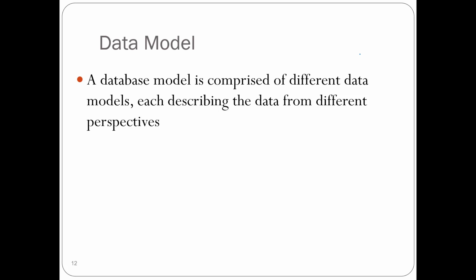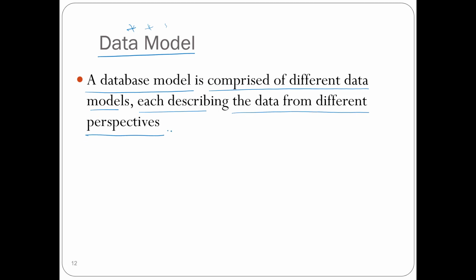So having understood the concept of database model, let's see what this data model is. Important again: a database model is comprised of different data models, each describing the data from a different perspective. Right now, this will make a lot of sense to you.